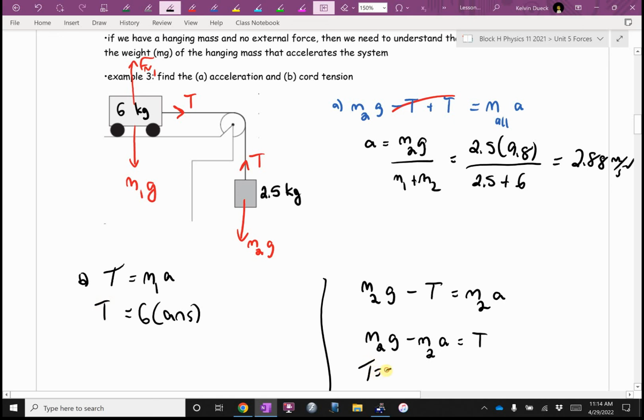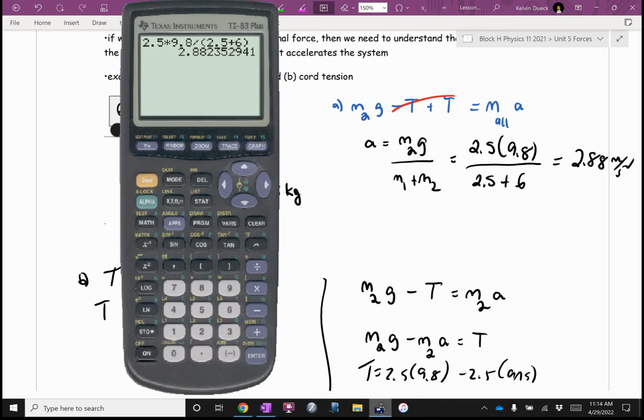You'll go 2.5 times 9.8 minus 2.5 times answer button. I'll do the second one. It's a bit longer. 2.5 times 9.8 minus 2.5 times answer button. No matter what, all of us got 17.2941, 17.3.